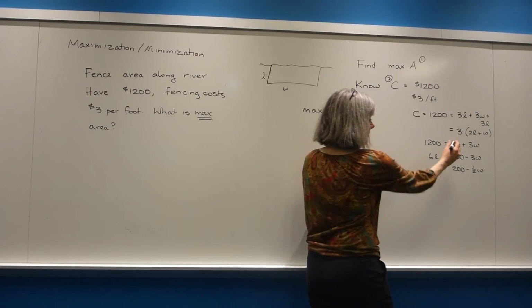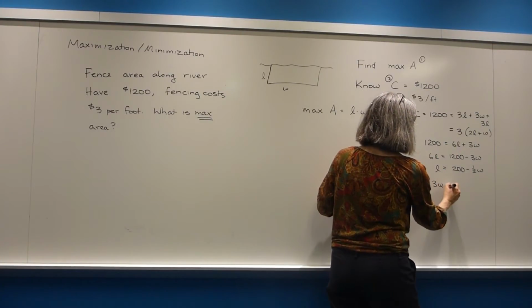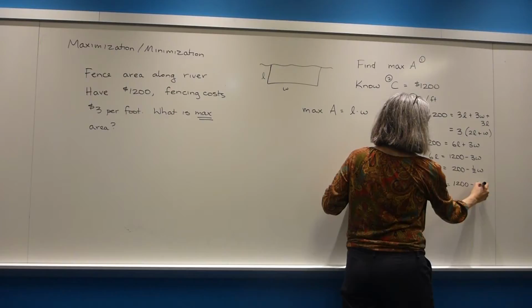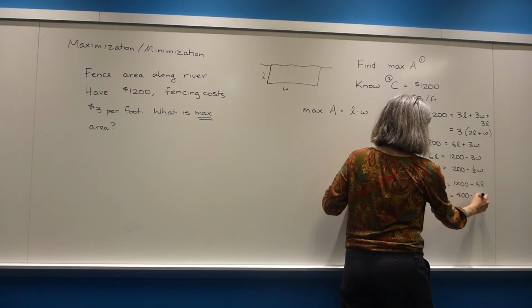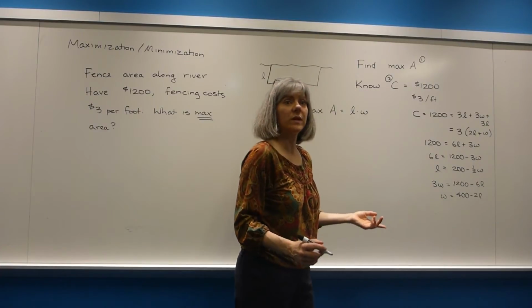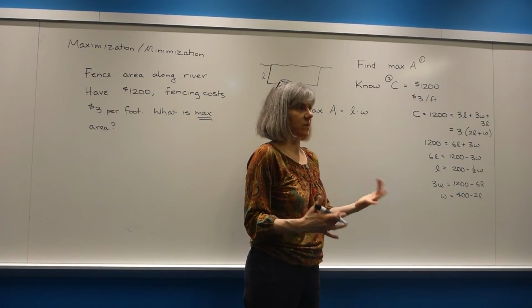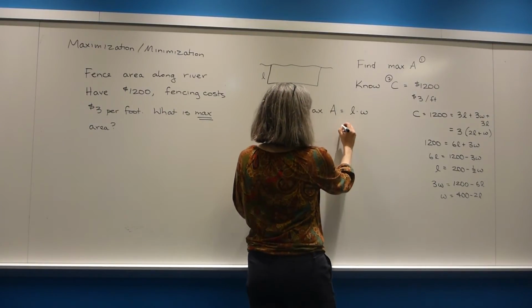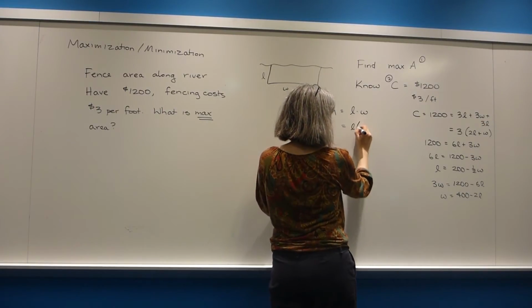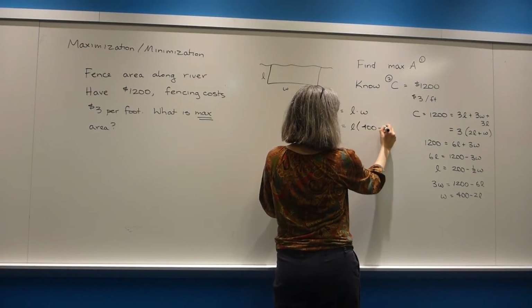Does everyone see why that's the case? If I solve for W instead, now when I divide by 3, I get 400 minus 2L. Let's go with that. Will they both work? Yes. Will they both give you the same answer? Yes. So we'll just go with that. So that means that we have L times 400 minus 2L.